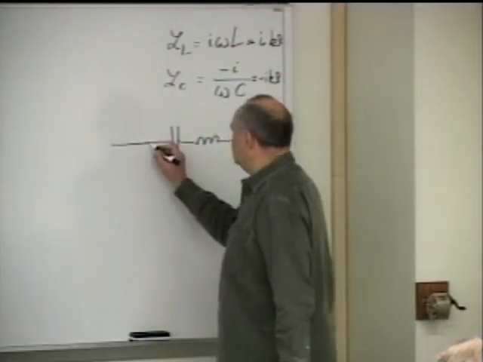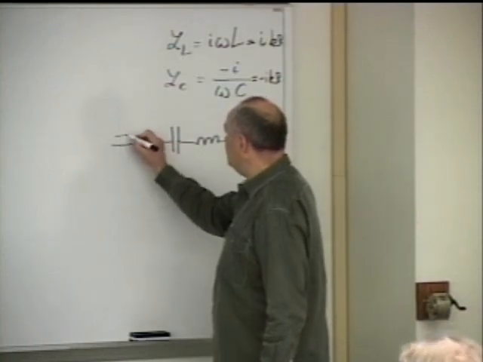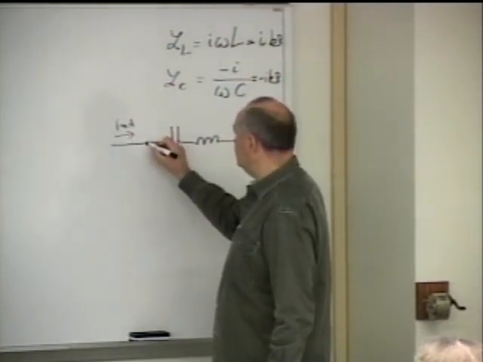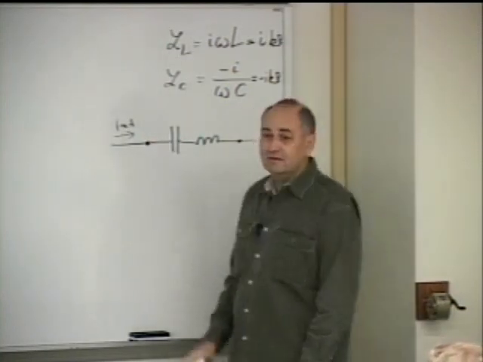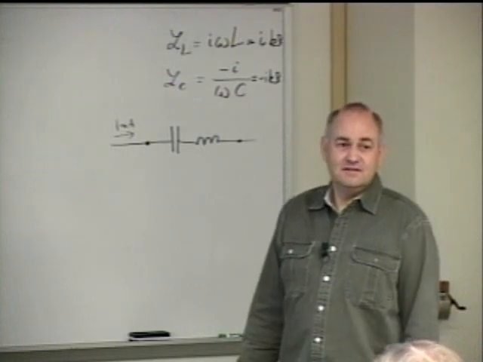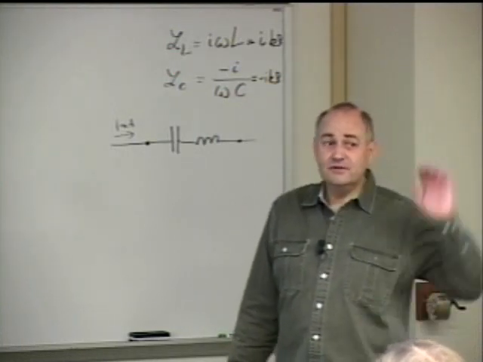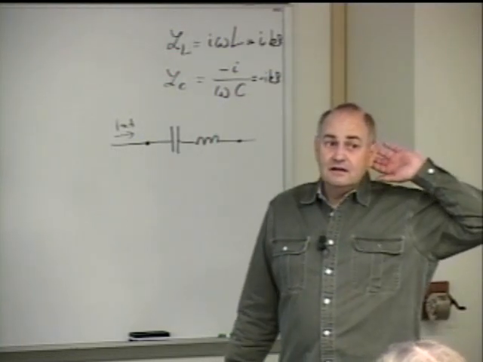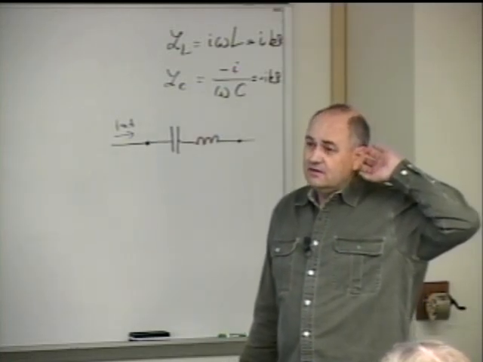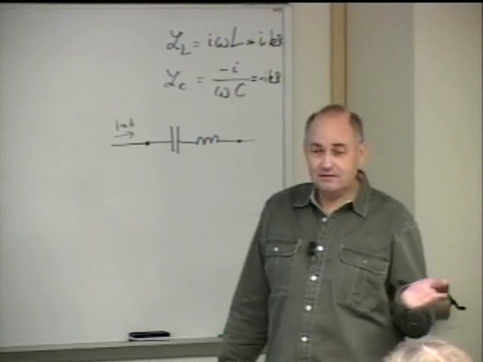Right. So what can you say? I mean, if current 1 milliampere flows here, what's the potential difference between this point and this point? It's 0.